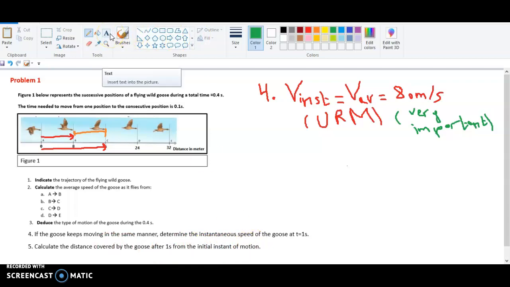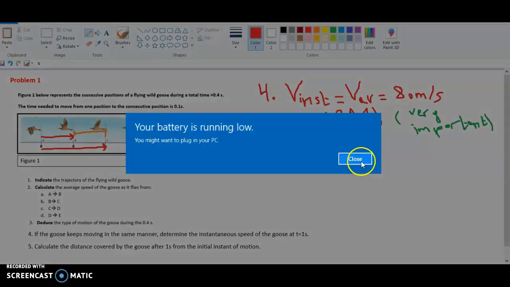Usually, whether URM or UARM, we have to refer to the instantaneous speed in order to measure the distance covered, because it depends if the object was moving fast or slow, then the distance is affected by the speed. But here, because in URM V average is equal to V instantaneous, we can calculate the distance by using the rule of V average. So V average is equal to the distance covered over the time. We're looking for the distance here.